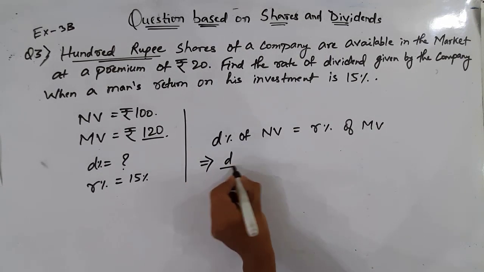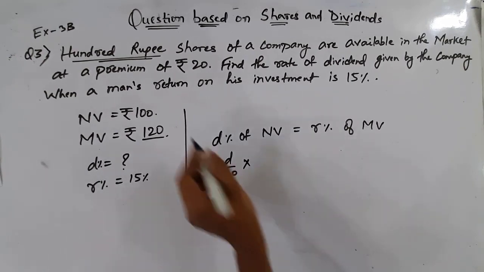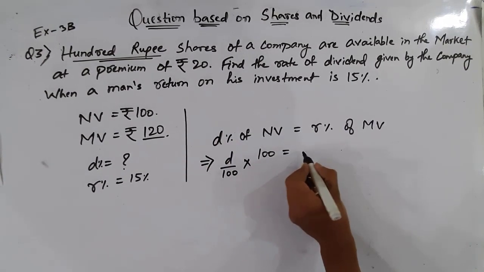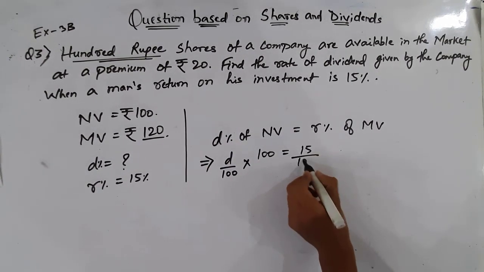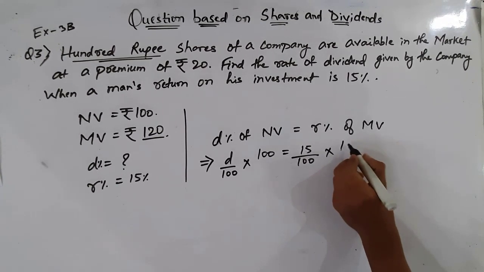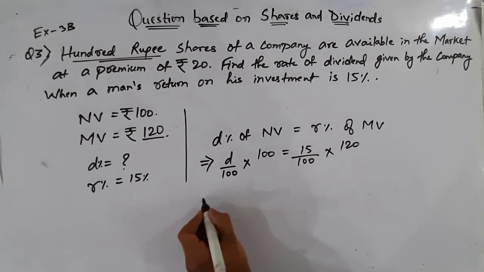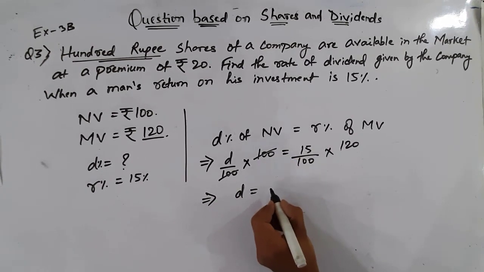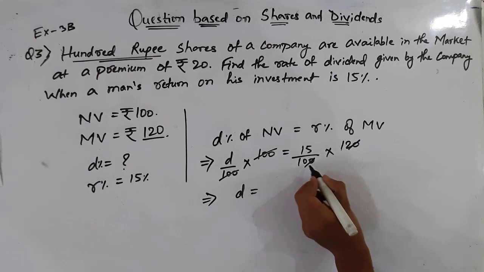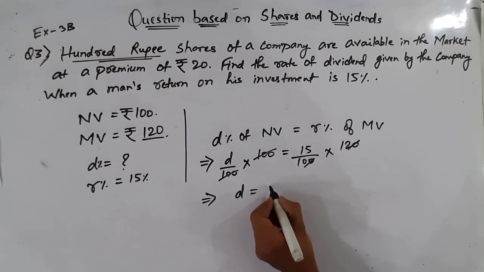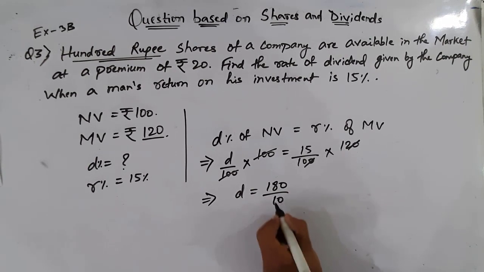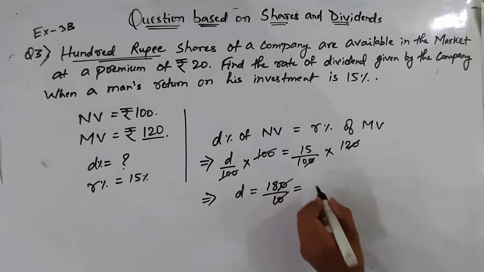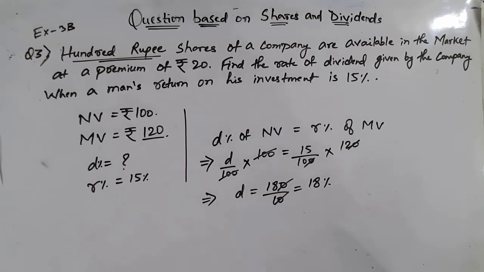Dividend percent D upon 100 multiplied by nominal value, which is 100, equals 15, that is return percent, upon 100 multiplied by market value, which is 120. So from here we can find D. It is 180 upon 10, so it comes to 18%.